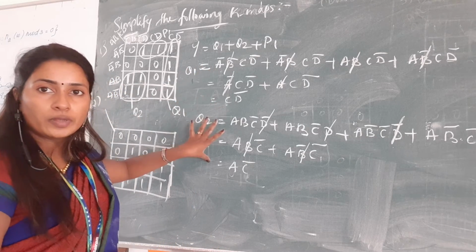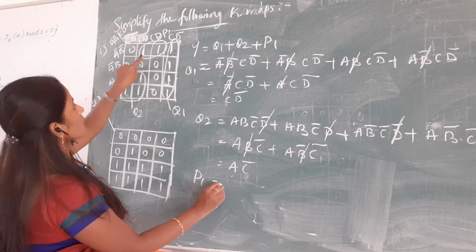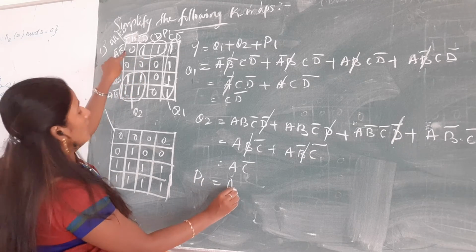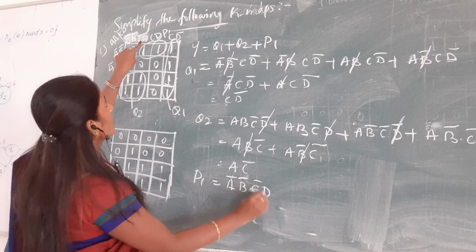So Q1, Q2 are over, quad 1, quad 2 over, next the pair. Pair 1 is equal to, this one is A bar, B bar, C bar, D bar.